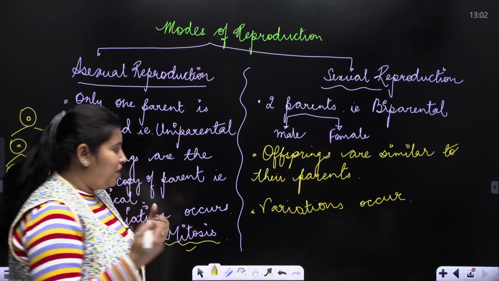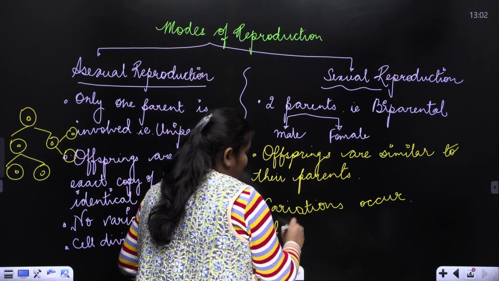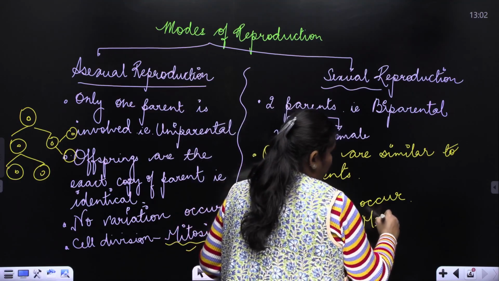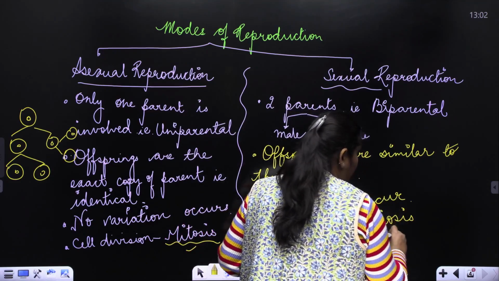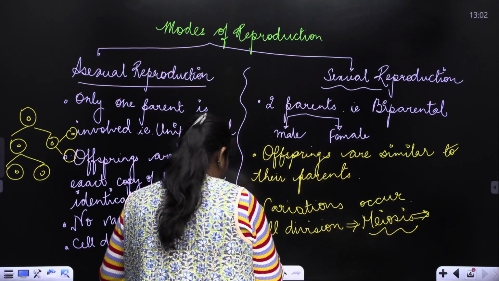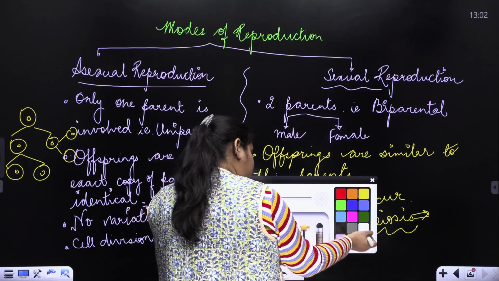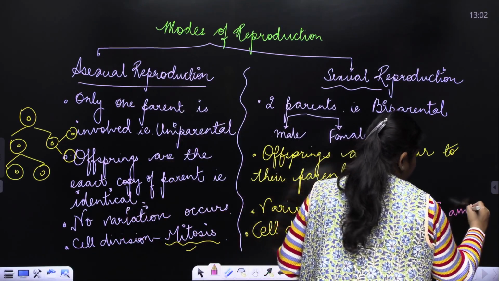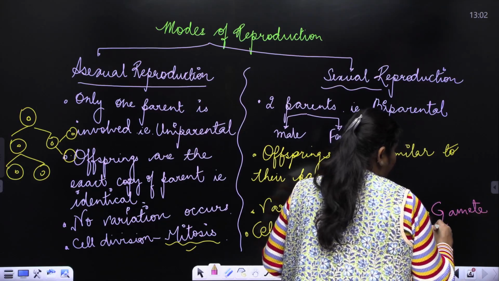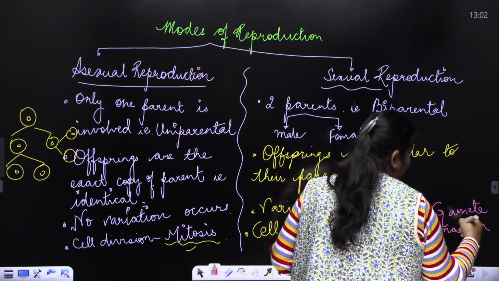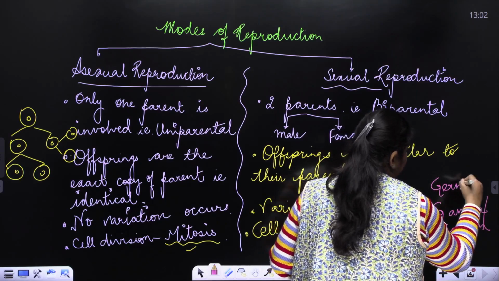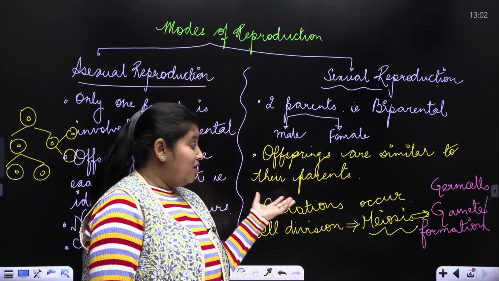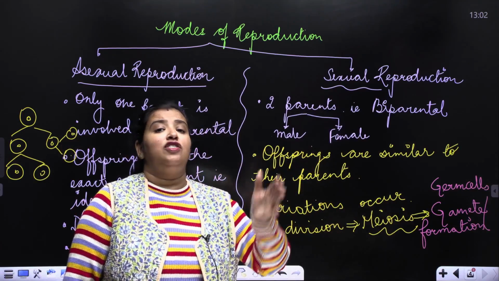What is the reason behind the variation is this type of cell division. The type of cell division involved here is meiosis. And this meiosis is responsible for a very important type of cells which are produced, and those cells are the gametes. Meiosis helps in gamete formation. Gametes, the germ cells, will interact, will fertilize, and they result in the formation of one complete organism.